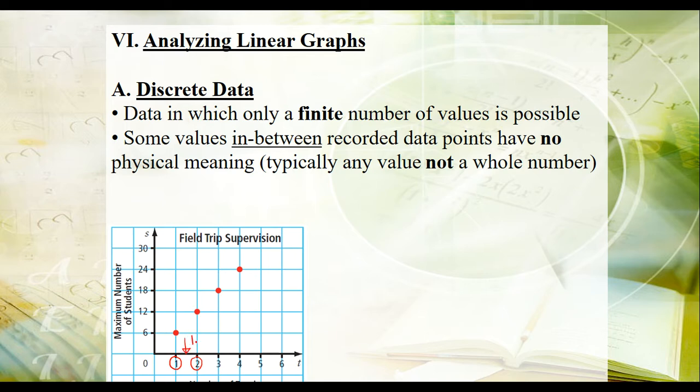On the x-axis, that would be a value of 1.5. Now the question is, does that make any sense? Could you have 1.5 teachers? No. Either you have a teacher or you don't. You don't have one teacher and then just the legs of another one. It's got to be a whole quantity for it to make any physical sense at all.